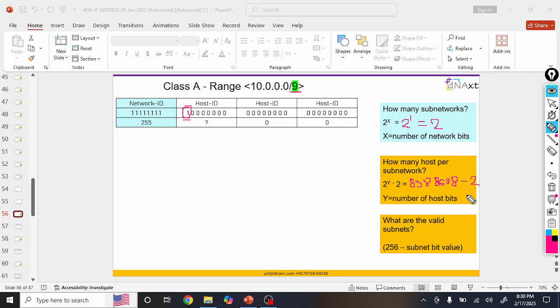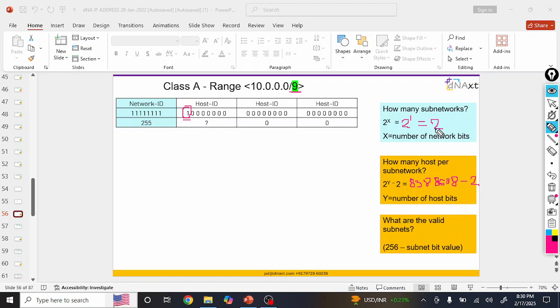Because in each subnetwork, one IP address is the network ID and another is the broadcast ID. So the valid IP addresses that you can assign to your hosts are 83,88,606. Okay, what are the valid subnets?